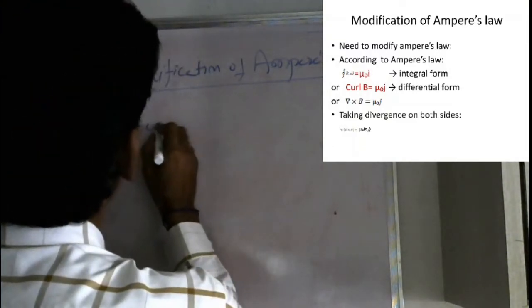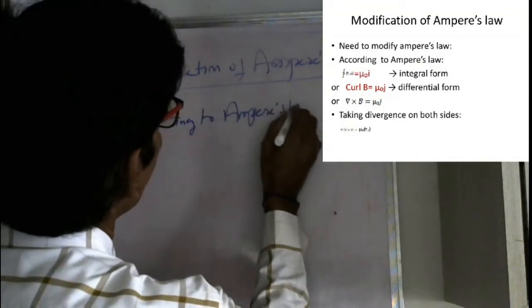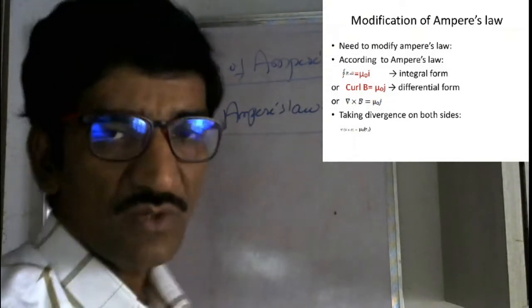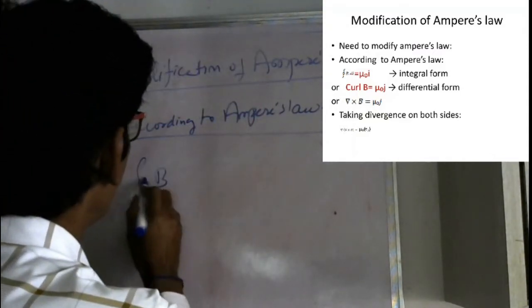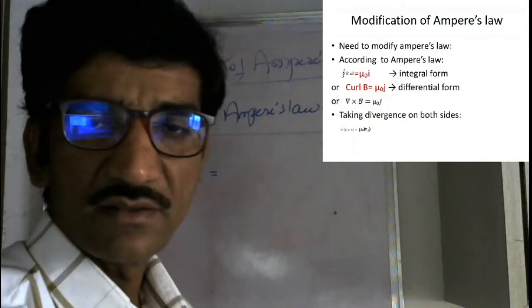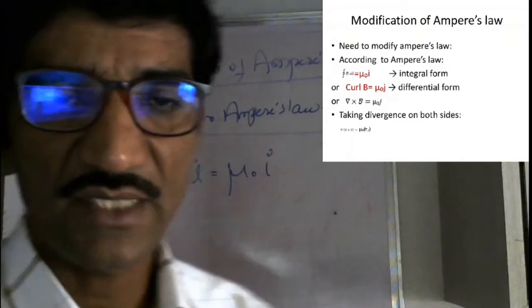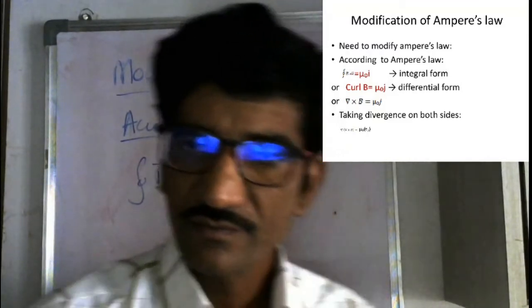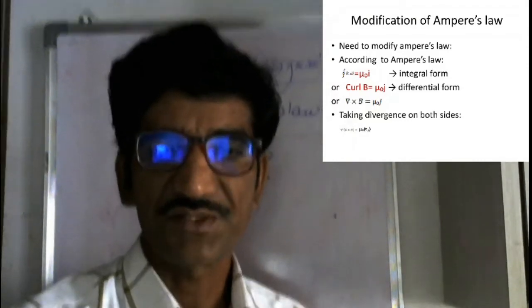According to Ampere's law, the integral of B dot dl is equal to μ naught I. This is the Ampere's law we studied in the previous lecture.